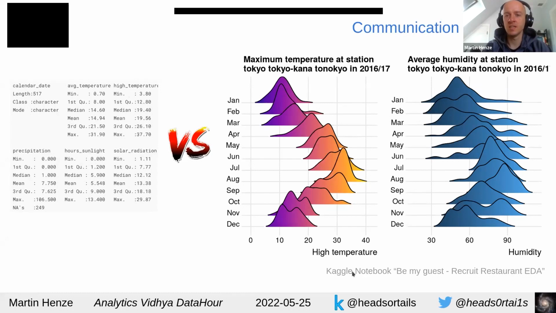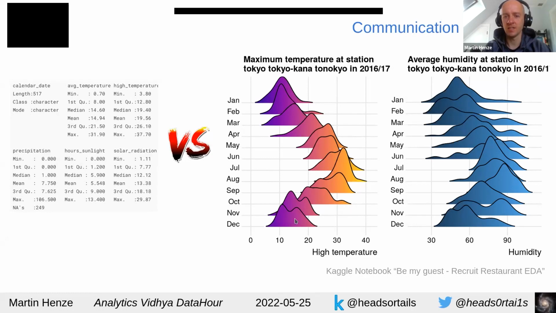that dealt with the temperature distributions over the year for a specific weather station in Tokyo, in Japan, right? So you see that in the summer in Japan, it gets pretty warm. These are temperatures in Celsius, and it also gets pretty humid, although the humidity is less clearly shifting throughout the year, but it's still shifting.